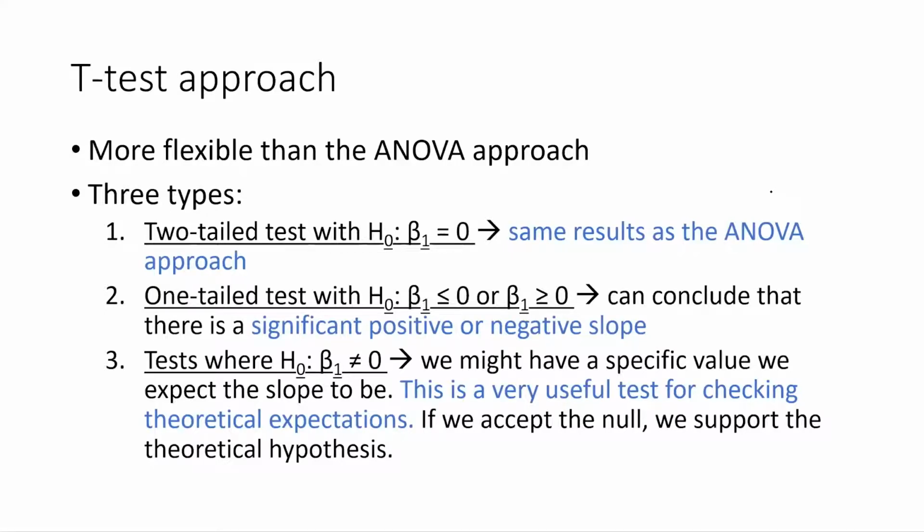So maybe we read a bunch of papers and we hypothesize that the slope of a line is going to be 2. We can then test that as a null and alternative hypothesis, saying the null hypothesis is that the slope is 2, the alternative is that it is not. So the t-test approach is a little bit more flexible in that regard.